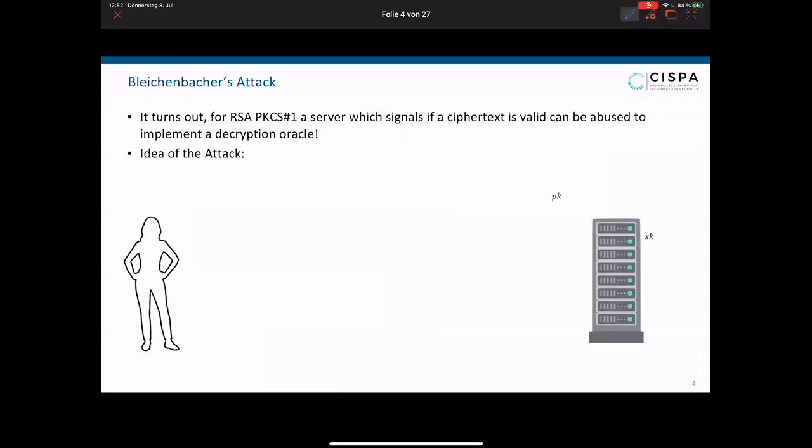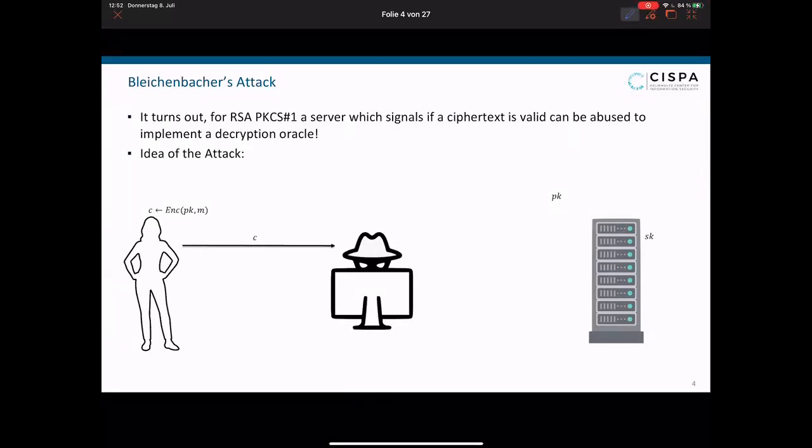So let's quickly see how this works. We have our friend Alice here, who just wants to talk to a web server, encrypting a message M and sending this ciphertext to the server. However, as is the case in these man-in-the-middle attacks, her ciphertext is intercepted by the adversary, who wants to learn what M is.